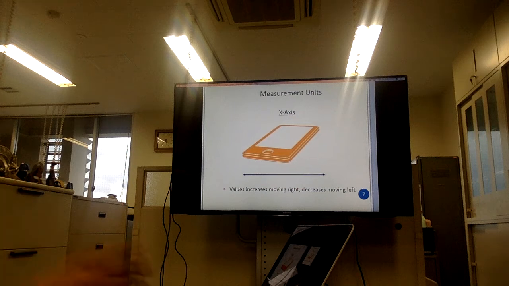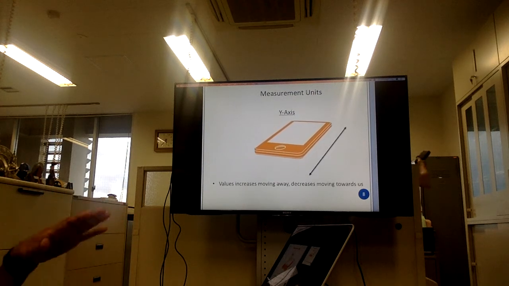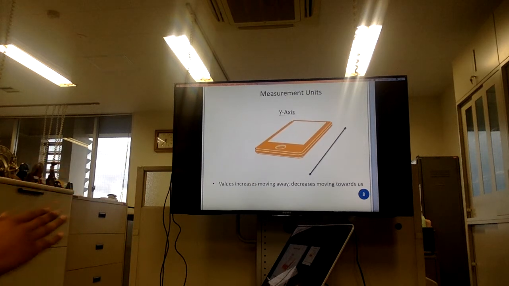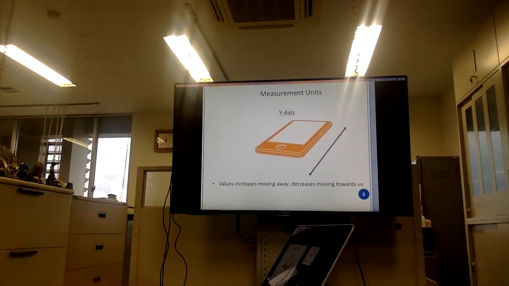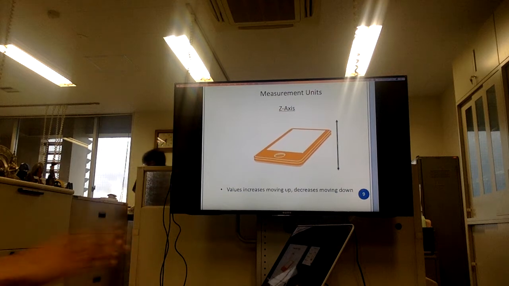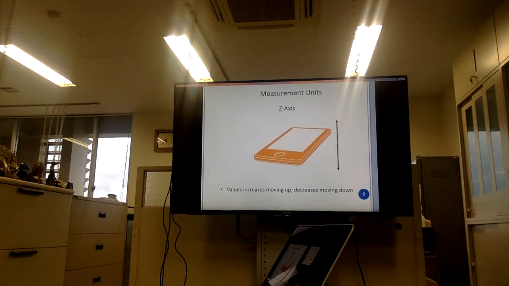This shows the sign notation for x-direction acceleration. Similarly, for y direction, as the iOS device moves away from us, the value increases, and as it moves towards us, the value decreases. Likewise, on the z-axis, as you go up, the value increases, and as you go down, the value decreases. So these are the sign notations for acceleration measurement.